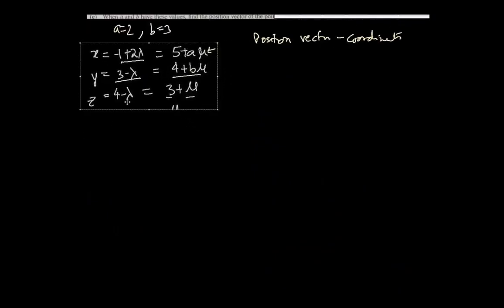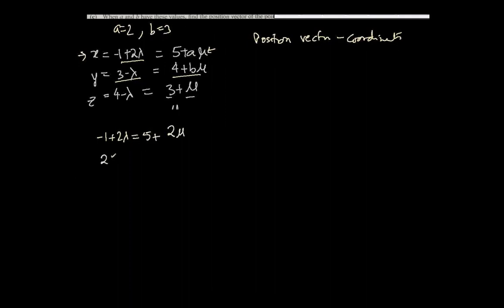These were the equations, and now we need to find the value of lambda and mu. Let's go to the first equation. Minus 1 plus 2 lambda equal to 5 plus 2 mu, since a is 2. Can we get one equation out of this?